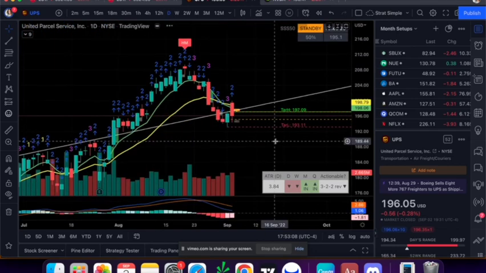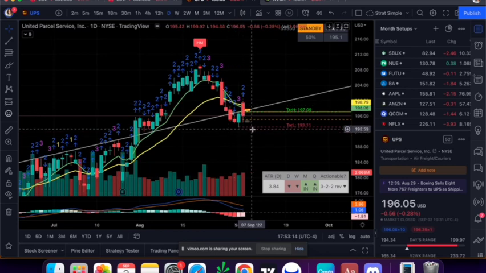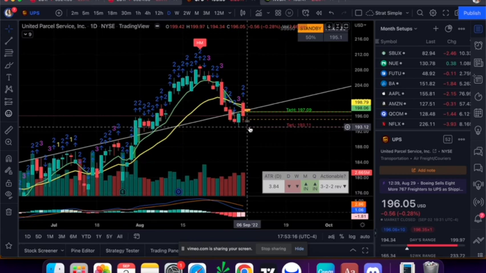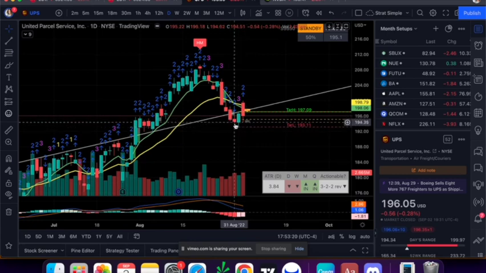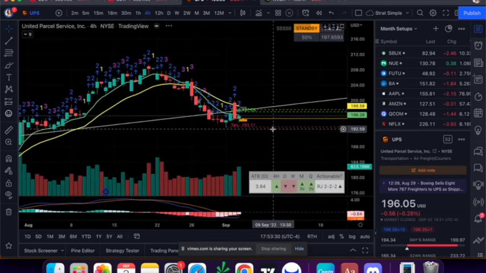So I stayed focused all the way down. I got out at 195, but it did hit 193, I think, yesterday. So I got out a little bit early, but on the 4 hour, that was a good exit.